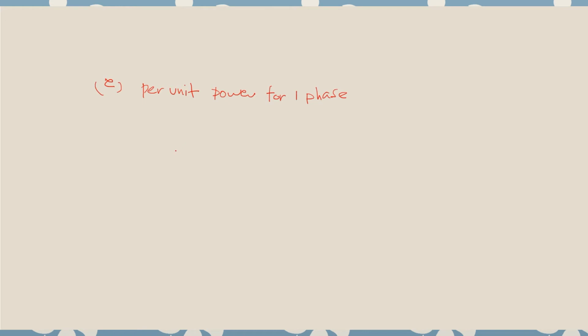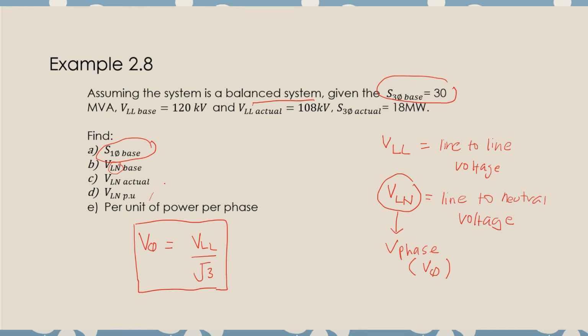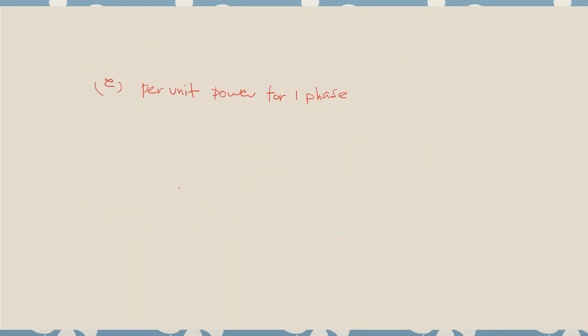If you look back, that's what you are asked: per unit power per phase. So you need to calculate for one phase per unit. That's what you have to find.